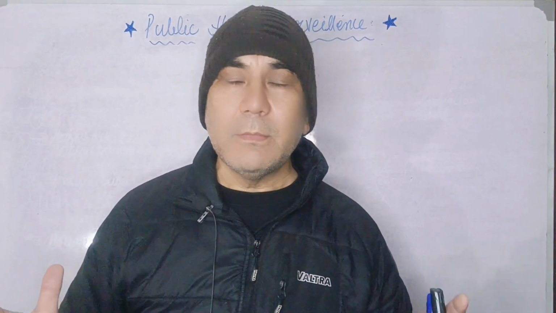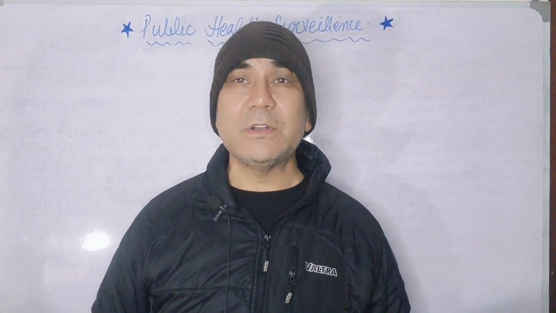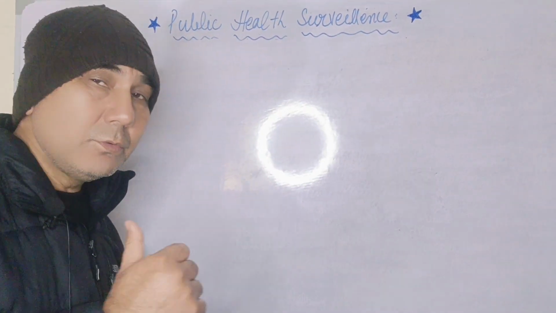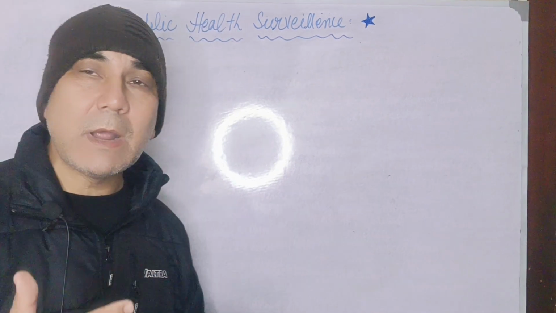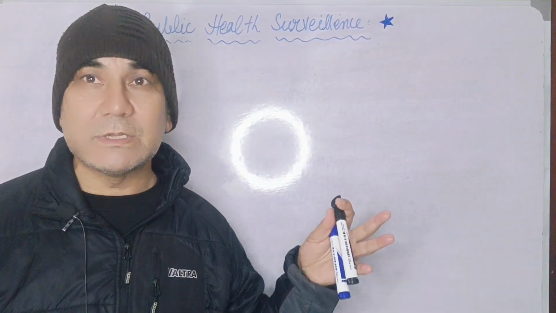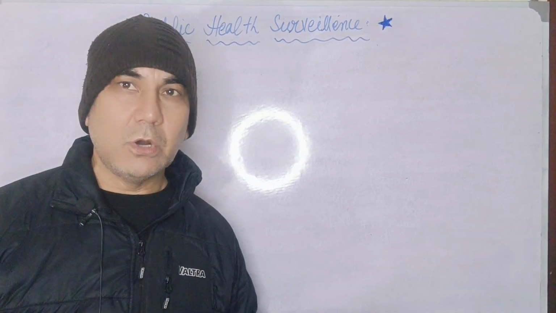Any public health surveillance system should have 8 to 10 characteristics. How do we memorize these 8 to 10 characteristics? It is not an easy job.